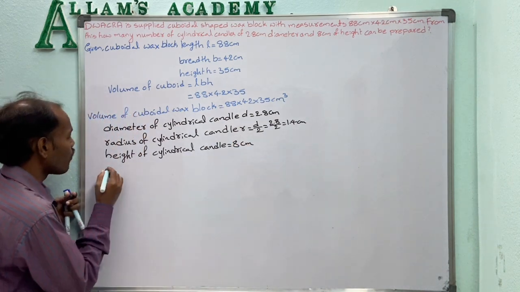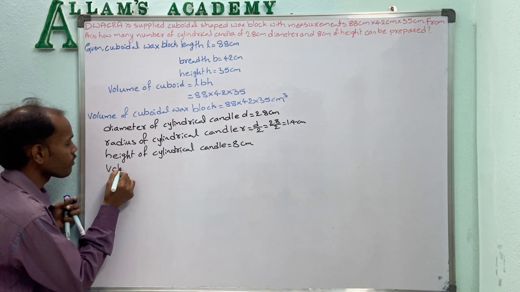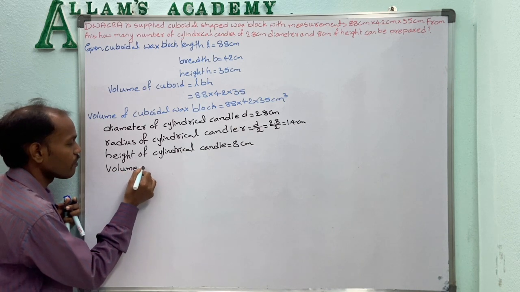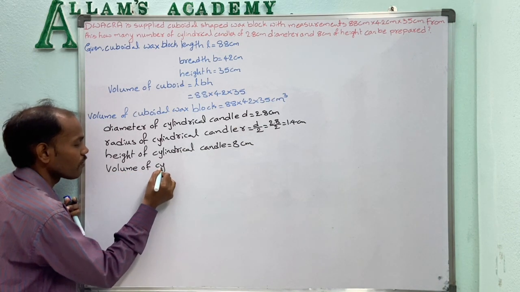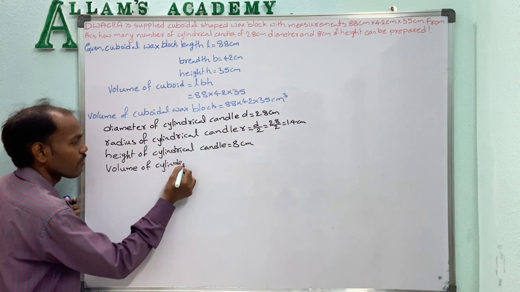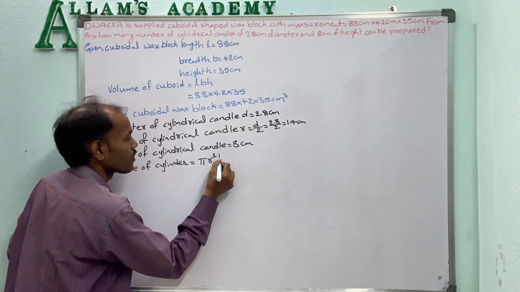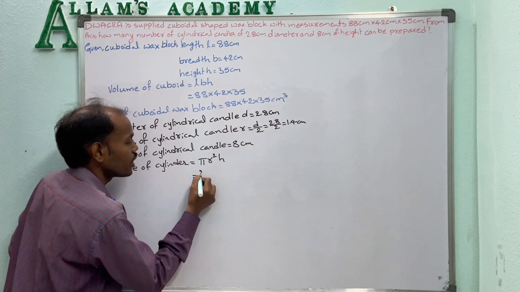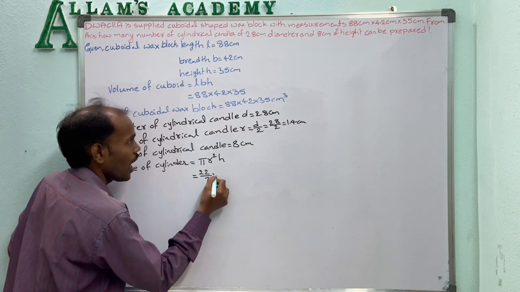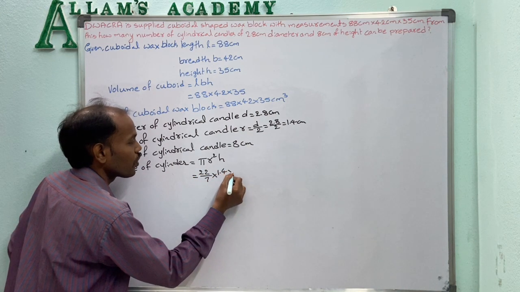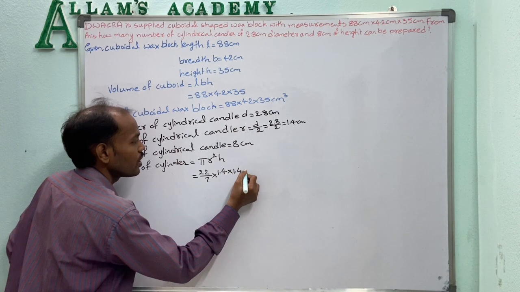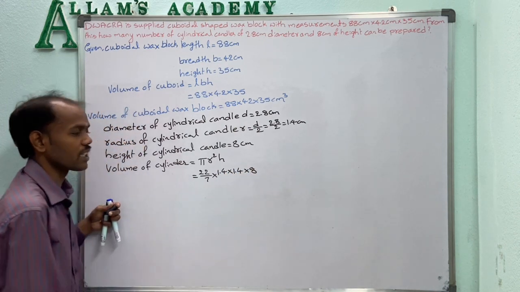So now volume of cylinder is pi r square h, that equal to 22 by 7 into r, 1.4 into 1.4 into h, 8.